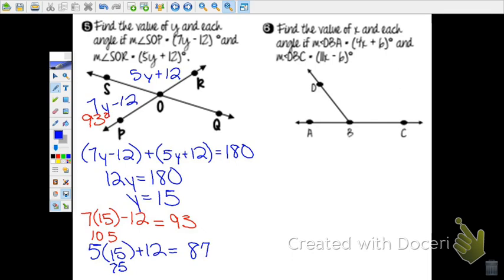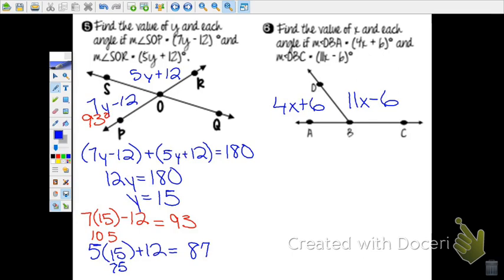Number 6, we want to find the value of x and each angle. If angle DBA is 4x plus 6, and angle DBC is 11x minus 6. So again, I've got that visual.